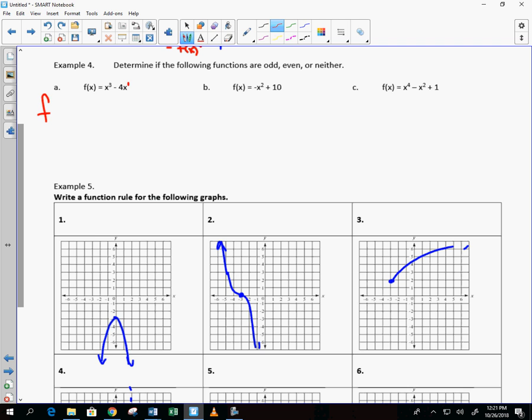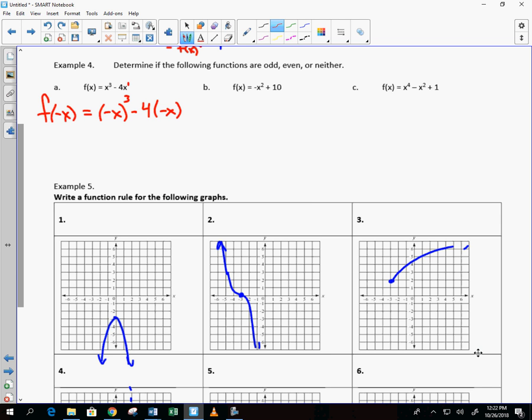In order to show that, if you plug in negative x, that means we replace x with a negative x. So we take negative x and we cube it, minus 4 times negative x. Now, if you take negative x and cube it, will that produce a positive x or a negative x?